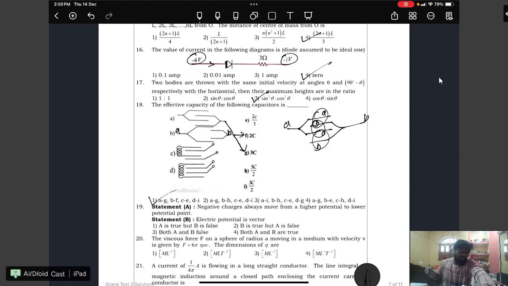If you want to see this part, this is A, this is B, and this is C. Between AC, one capacitor, and between AC, a second capacitor. So two are in parallel, and the third is in series with this C capacitor between BC. So 1 by 2C plus 1 by C gives 1 by C equivalent, so it will be 2C by 3. So C or E. Further, if you want, I'll tell you.